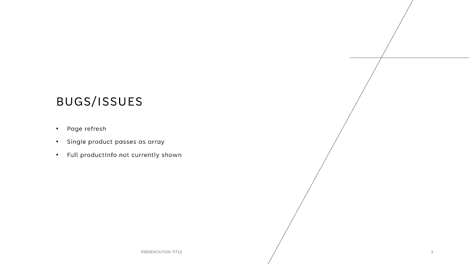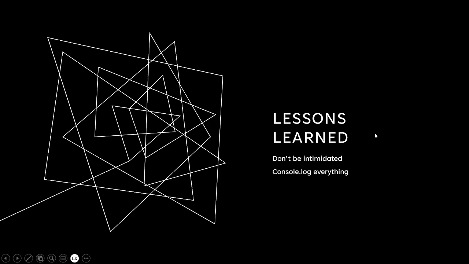So I'll probably go back and refactor all that so it actually passes the product itself and not an array of one with just that product. And then the full product info is not currently shown. The products are all shown, but not all of the data associated with the product is displayed right now.